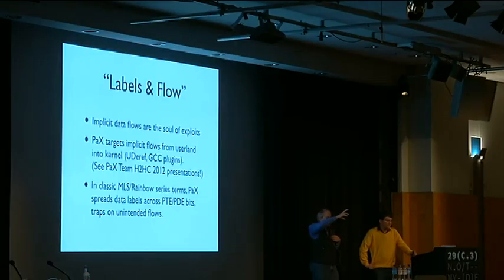Pieces of data making it into pieces of code that are not supposed to be working on them. And if you can trap that, then you've essentially blocked that route for exploitation. What you see is beautiful labels that allow you to mitigate those data flows that are spread across those bits.